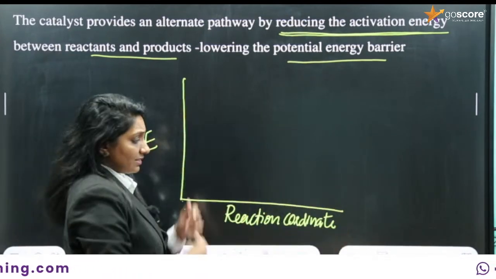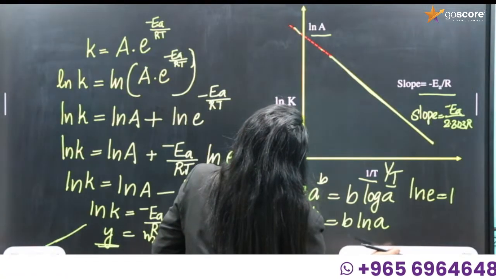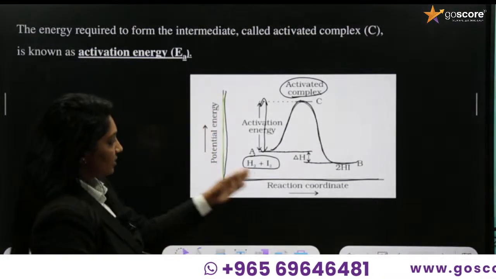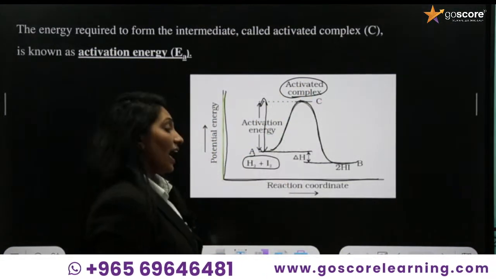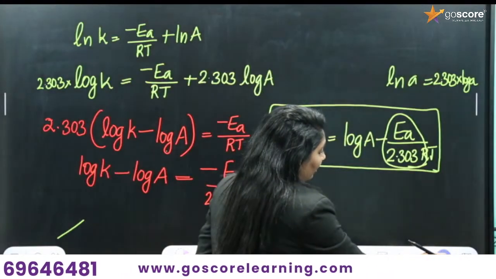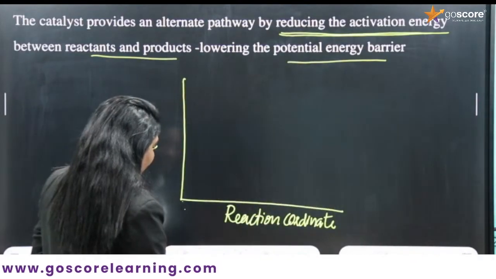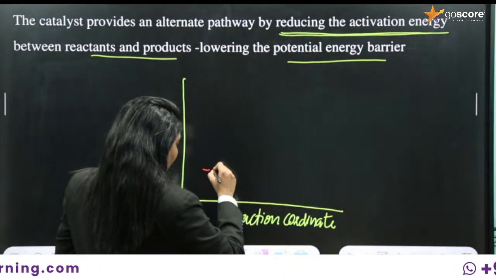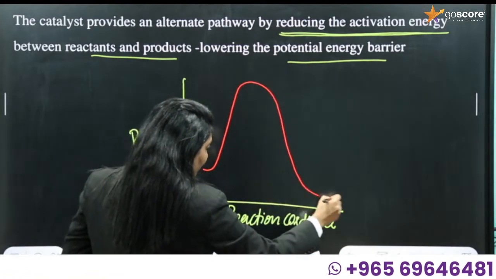We have already seen this graph: the potential energy, reaction coordinate, the reactant molecules reacting to form the activated complex, right? Now let's see how the catalyst will affect that reaction. Here this is the potential energy of the reactant molecules, they are forming the activated complex and the product is forming.